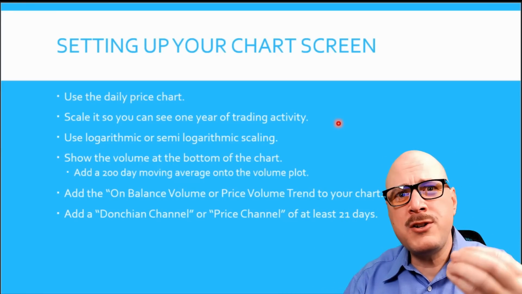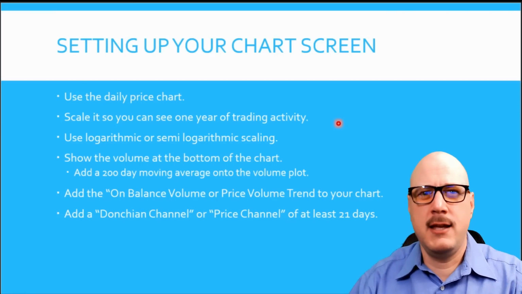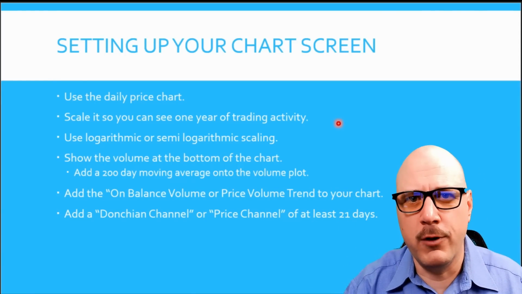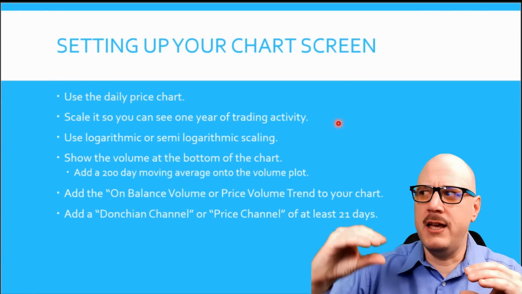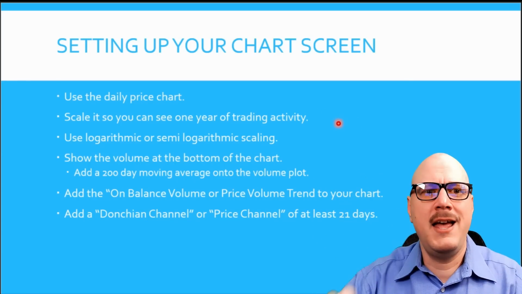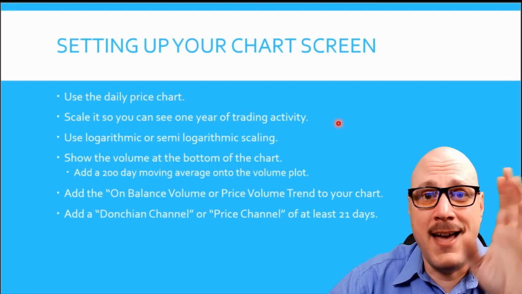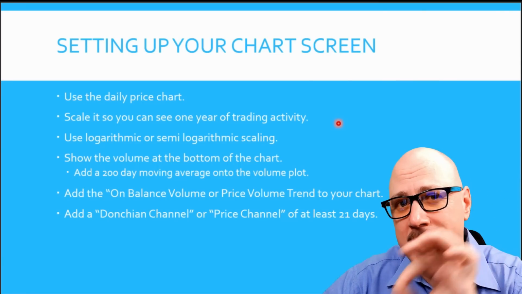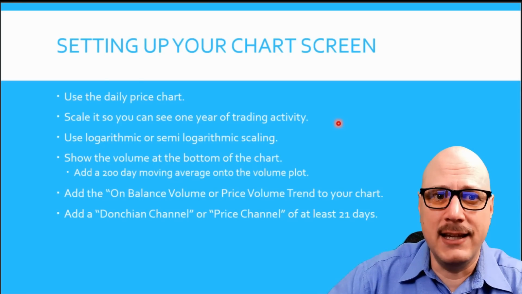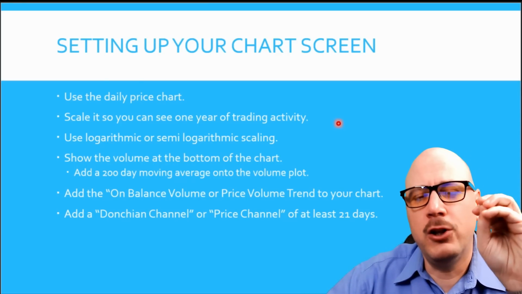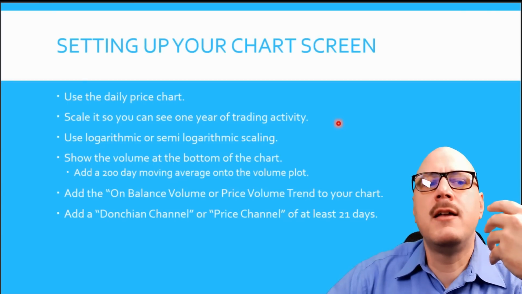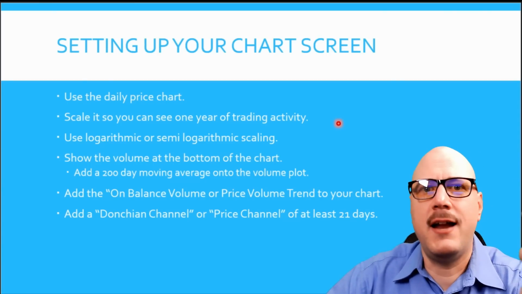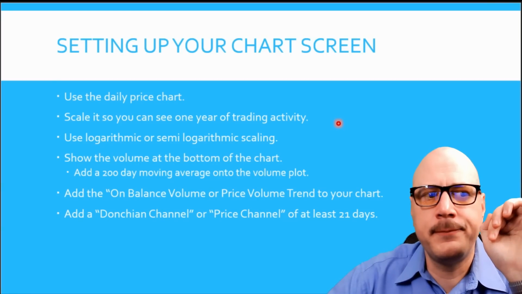And so in order to make the percentage return appear consistent on your chart, you have to use a logarithmic scale, because a logarithmic scale is graduated based on the percentage return. Now, all charting programs that I've ever used give you the option of using arithmetic or logarithmic scaling. Make sure you have yours set for the logarithmic scale, because we're here to trade for big percentage moves, not to pike around for $1 at a time.